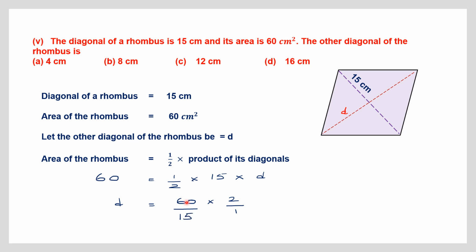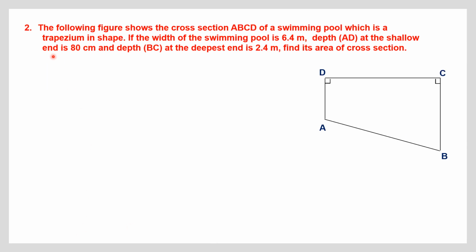So here we have 60 by 15 into 2 by 1. Let's cancel. Now we can cancel these two. 15 ones are 15 and 15 fours are 60. Now multiply the numerators. 4 twos are 8. So we have found the measure of the other diagonal, and that is 8 centimeters, and that is option B. Option B, 8 centimeters.